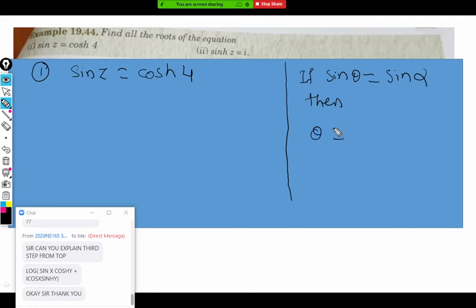If sine theta equals sine alpha, then one of the answers is theta equal to alpha, but that is the principal value. We are not only interested in the principal value. Yes, very good: n pi plus minus 1 raised to n into alpha. So if you recall this property, then only you can do it. Otherwise, you can't. But the chance of this question coming is definitely rare.